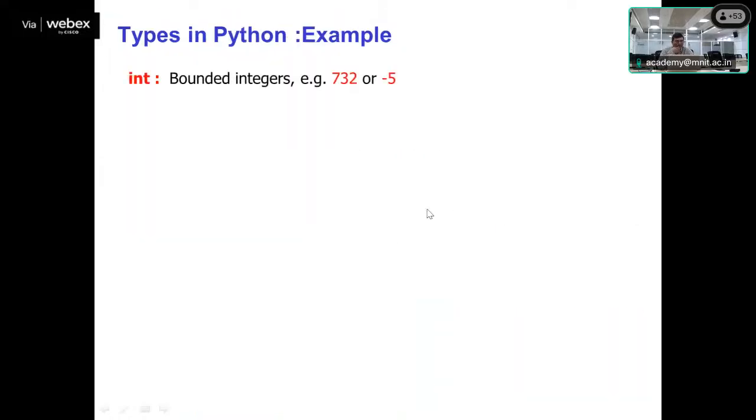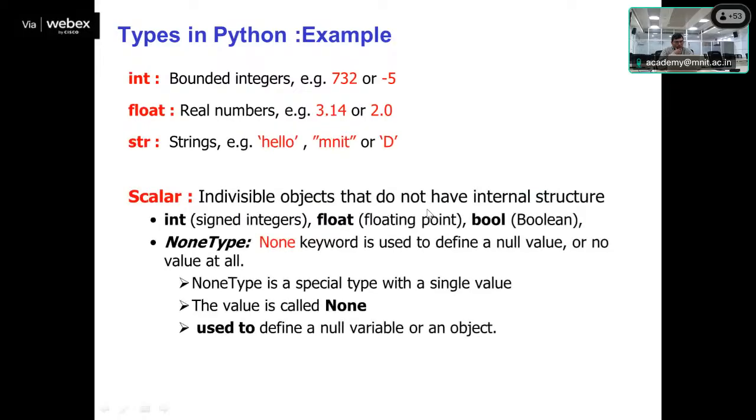So we have already seen type. We have the integer type, the float type, the string type. Okay, fundamental basic data types. An individual object that has no internal structure and cannot be divisible is known as a scalar object.